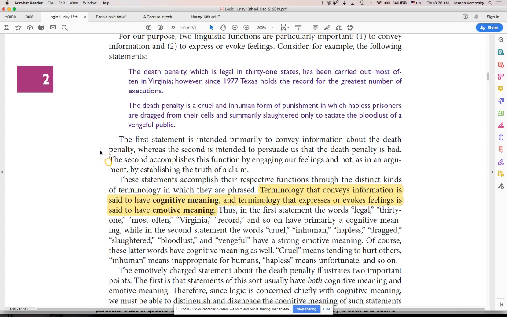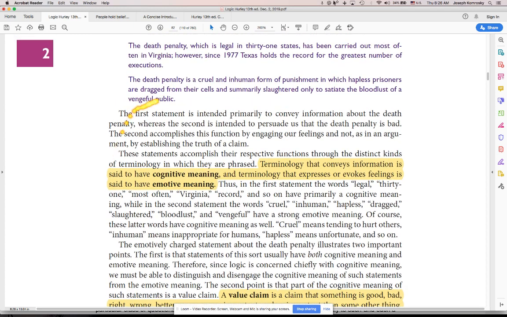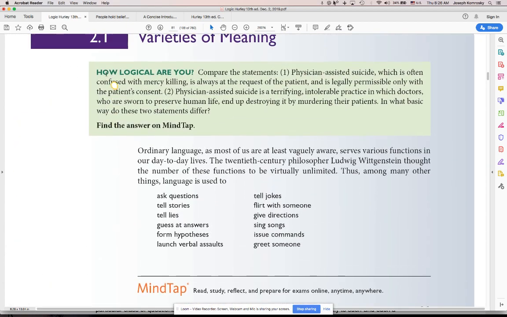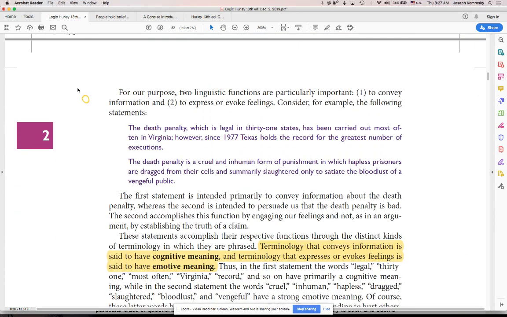So, thus in the first statement, the words legal, 31, most often, Virginia. Oh, that's right. Sorry, I didn't read this example up there. He's giving you 2 other statements similar to the 2 up here. This one is about, I believe, the death penalty, okay? The first one's giving you fact-based information.